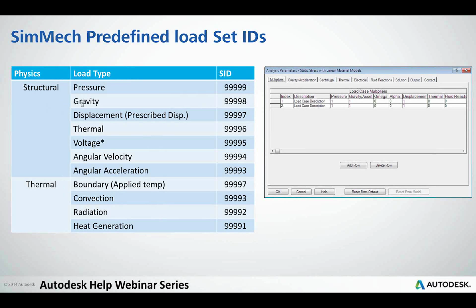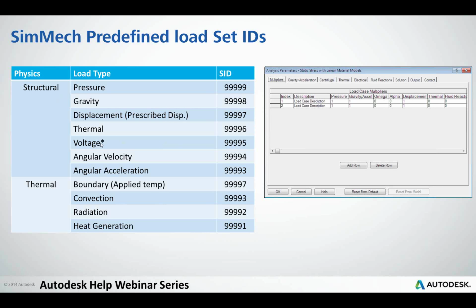For example, the gravity load from the structural side gets exported to Nastran as a set ID of 99998. And what this is referring to is this gravity load. And we have the same thing as the pressure multipliers down here. We have the displacement multipliers, which is over here. We have the thermal multipliers over here.